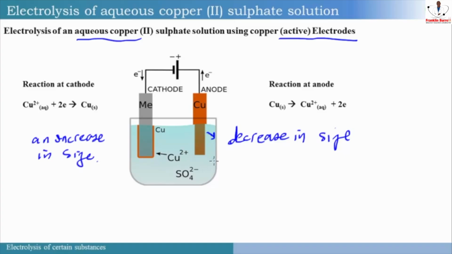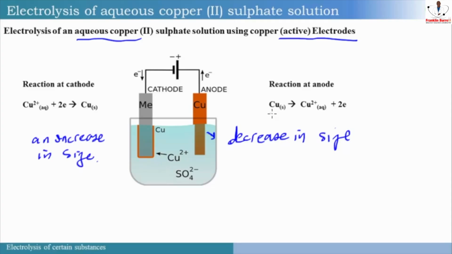So the concentration of Cu2+ ions stays the same. As you remove, you put back, hence no color change. Remember, in aqueous copper 2 sulfate using inert electrodes, we did not put back Cu2+ ions as we removed them. So in that case, the electrolyte becomes paler as you remove Cu2+ ions.